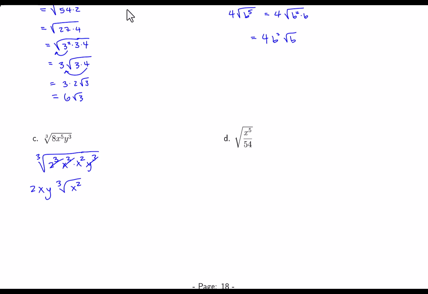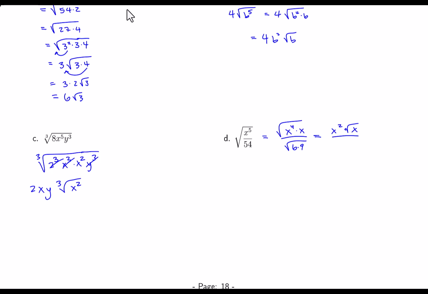All right. If I had fractions, then the same sort of thing would occur here. I could write, let's say, this as x to the 4th times x over the square root of, and let's see, 54 I don't necessarily recognize as anything that's got perfect squares in it, but I do see 54 as, say, 6 times 9, and then 9 is a perfect square. So x to the fourth could come out as x squared.